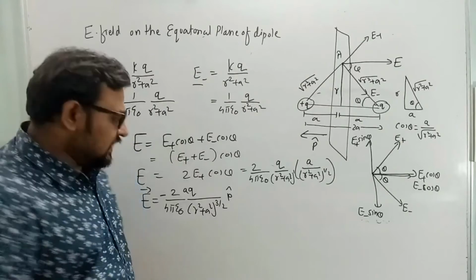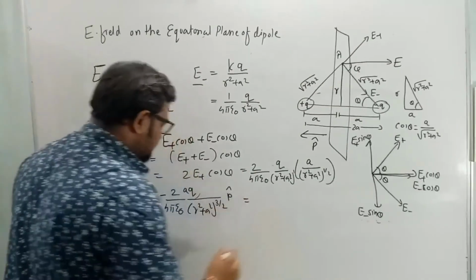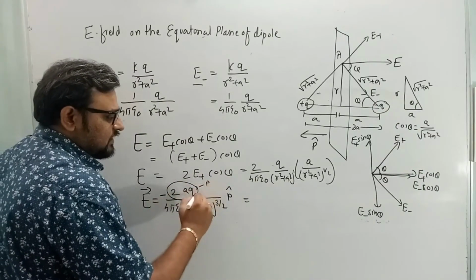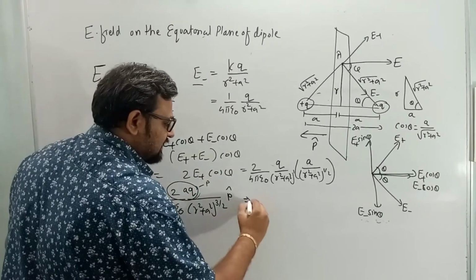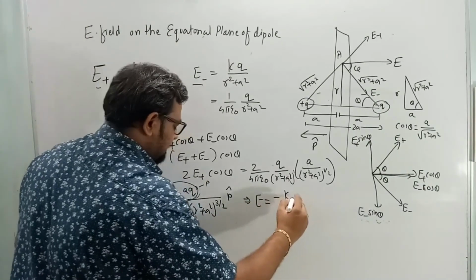Now what is 2aq? 2aq is p. So I can replace it by the value p. So the electric field is equal to minus k p.